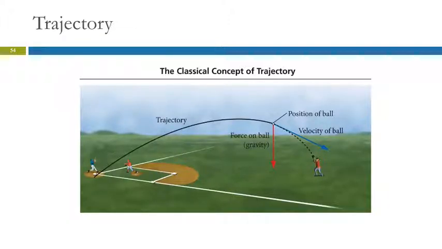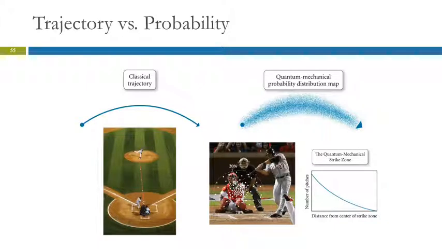Electrons don't act like that. Baseball, you pitch the ball the same way, it goes the same place every time. If you pitch an electron, it doesn't go the same place every time. Spit them out exactly the same way, you would expect that they'd go in the same area.